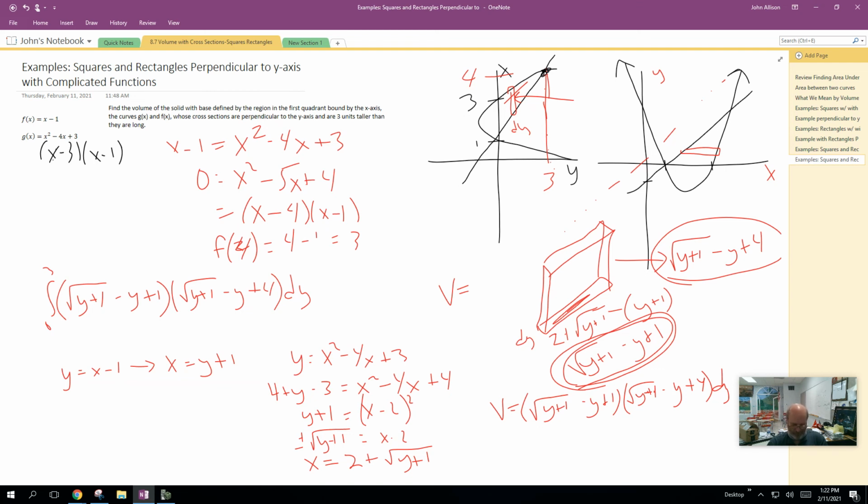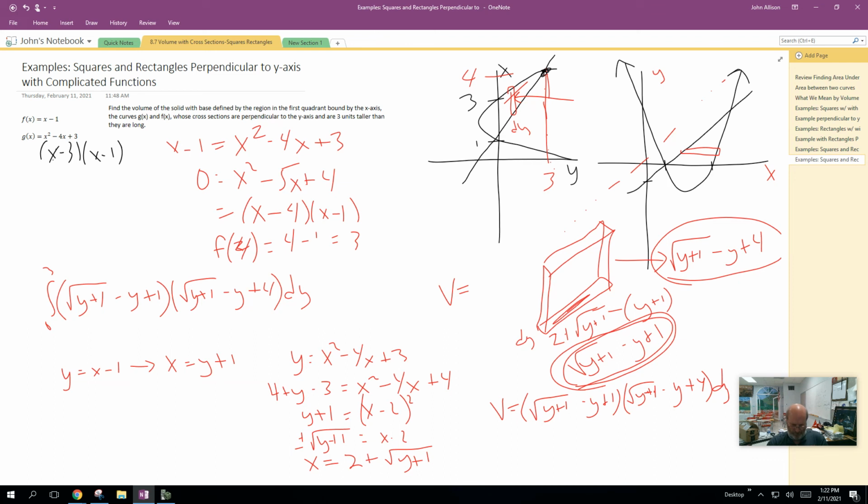Remember, when you're doing this in your calculator, we're going to replace the y's with x's. I'm going to again put parentheses in because I've got parentheses inside there. So I'm putting parentheses inside of parentheses. Square root of x plus 1 outside the square root minus x plus 1.